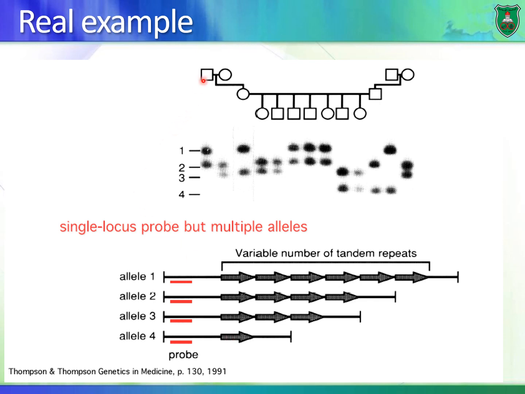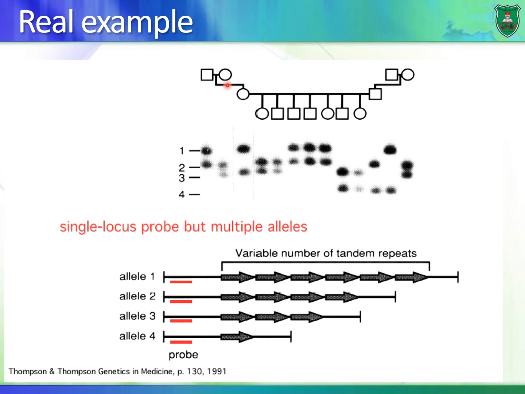So these patterns represent the person that is located on top of them. Okay, so here we have the grandfather of the first family, and this grandfather has allele number 1 and allele number 2. So he has these 2.